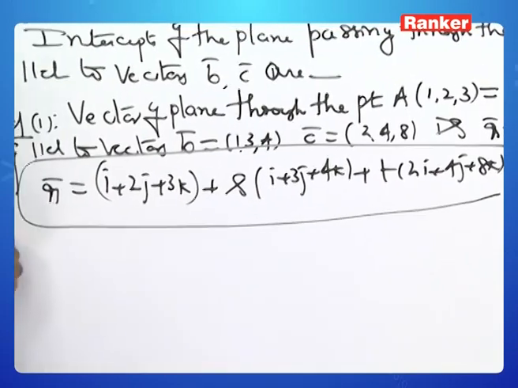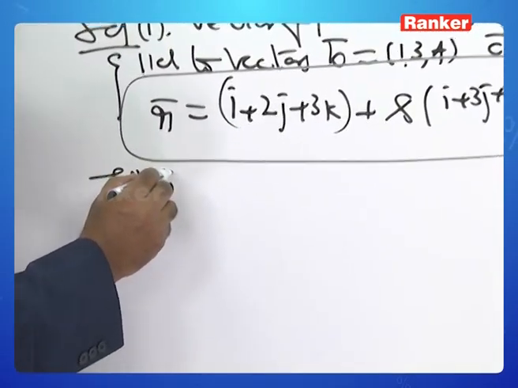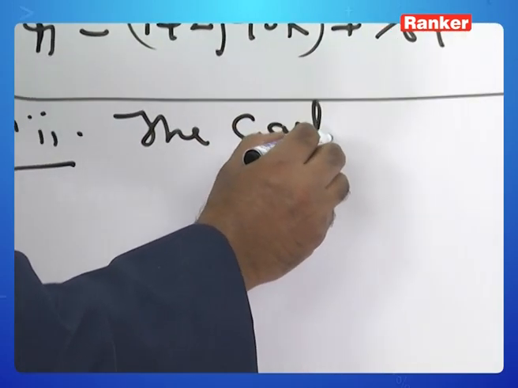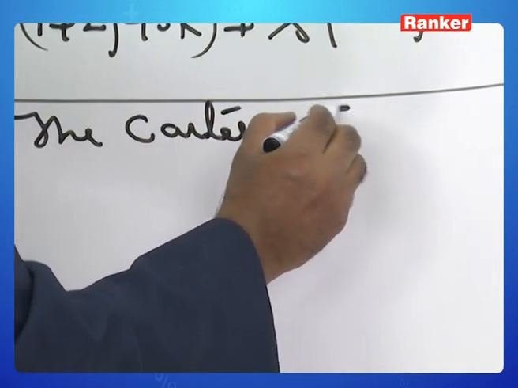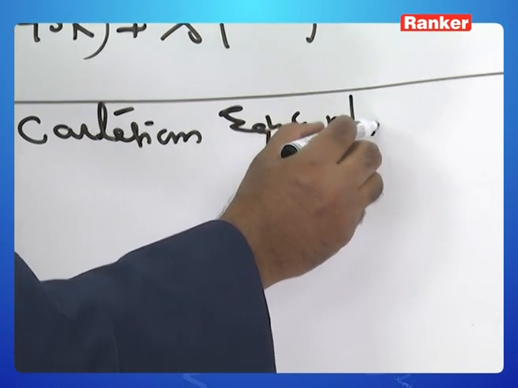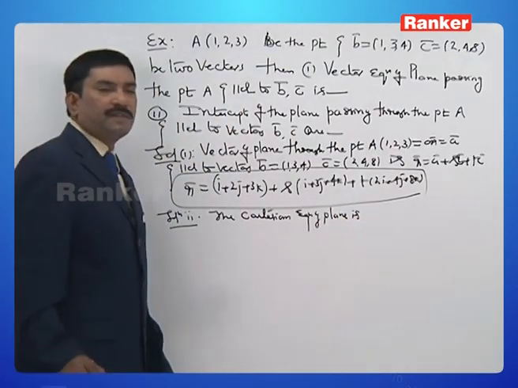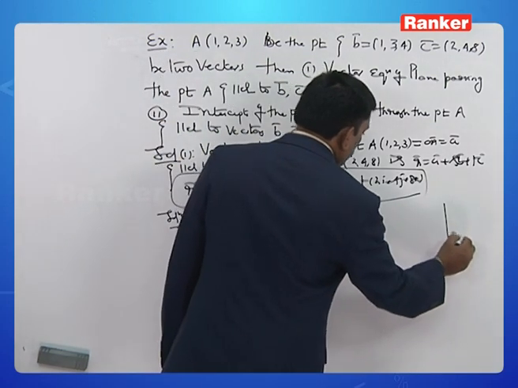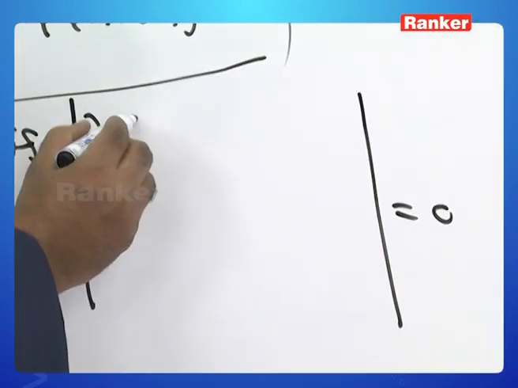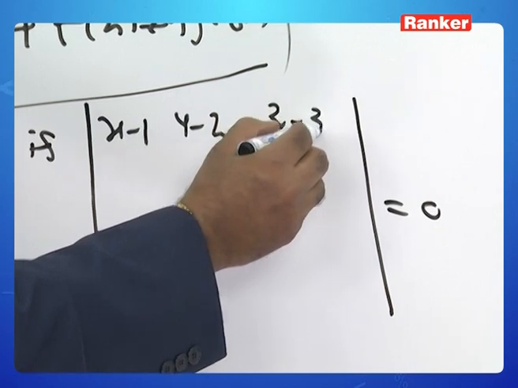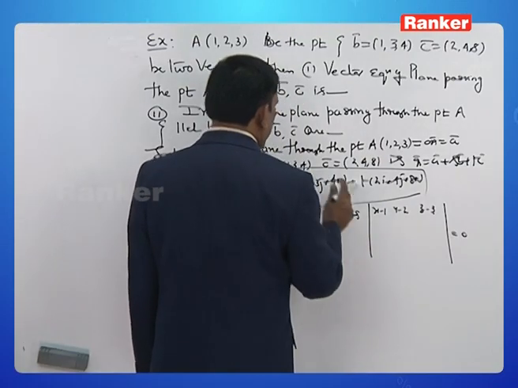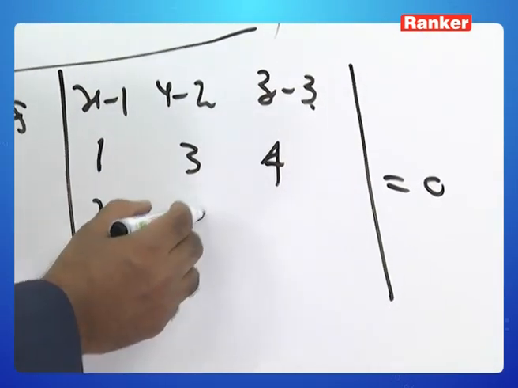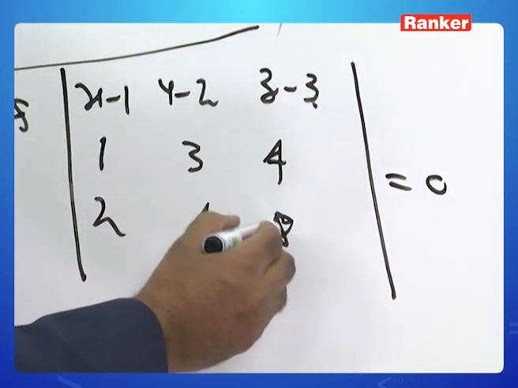The second one is the Cartesian equation of the plane. The Cartesian equation of the plane is the determinant of x minus 1, y minus 2, z minus 3; then, parallel to B bar and C bar, 1, 3, 4; 2, 4, 8 equal to 0.